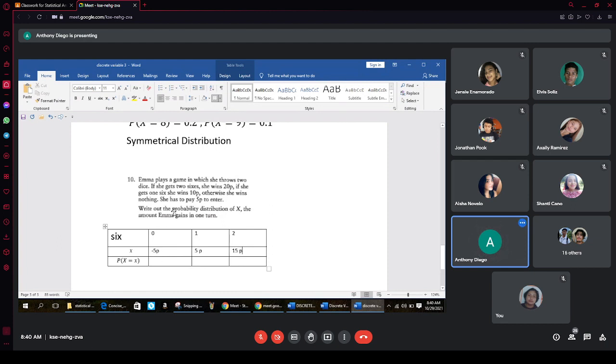Now, if they're throwing 2 dice, what is the probability of getting 0 sixes from the 2 dice? Zero sixes, which means if you look at each die, there's only 1 six.